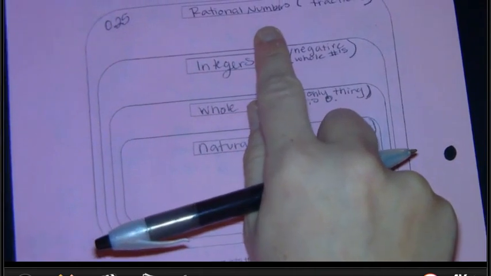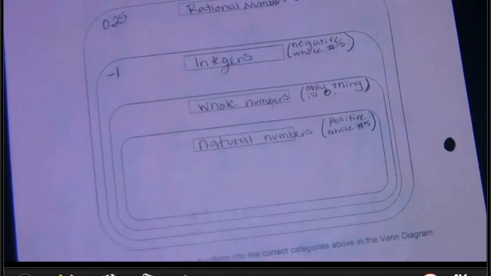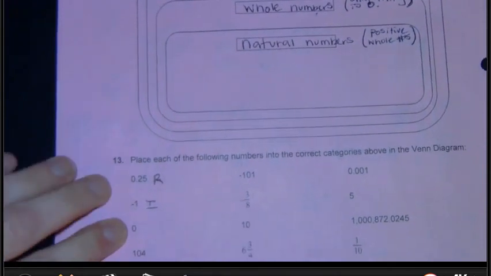All right, -1. Well, he is a rational number because everything in here is rational, but the lowest he can go into is an integer. All right, 0. Well, I already told you guys that the only thing in this box here is 0, because 0 is not positive nor negative.